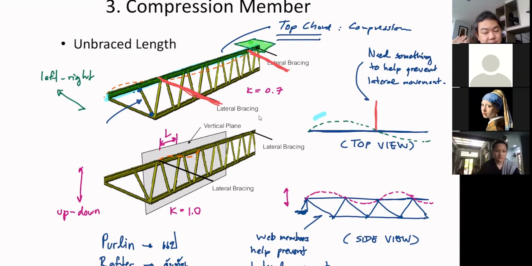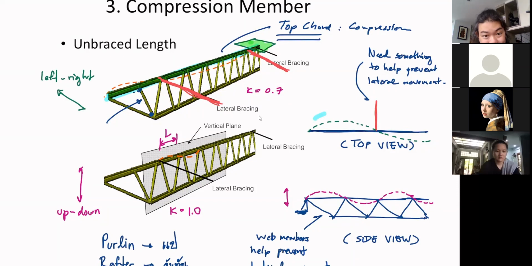Yes, ma'am. Can you explain again what is the definition of unbraced length? Okay. The unbraced length is the length of your compression member between two brace points. So a longer unbraced length doesn't mean that it gives higher deflection. Here, the longer the unbraced length means, if we are going to use the proper engineering words, your member in that particular unbraced length becomes more slender, correct?